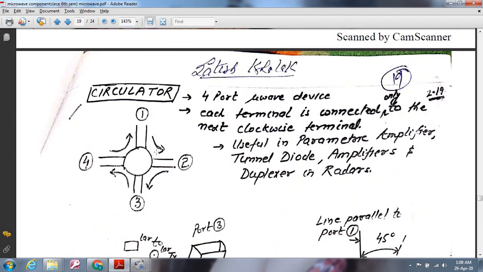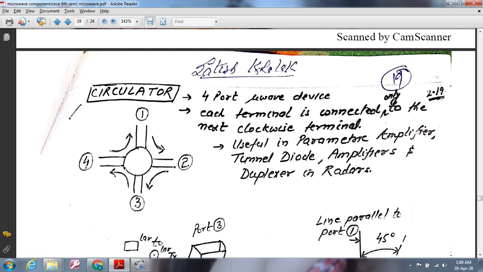Next is the circulator. Again, here we are considering the 4-port circulator. It may be 3-port, it may be multiple port, but for our study we have considered a 4-port circulator. Now these are the 4 ports, port number 1, 2, 3 and 4. It is a 4-port microwave device.